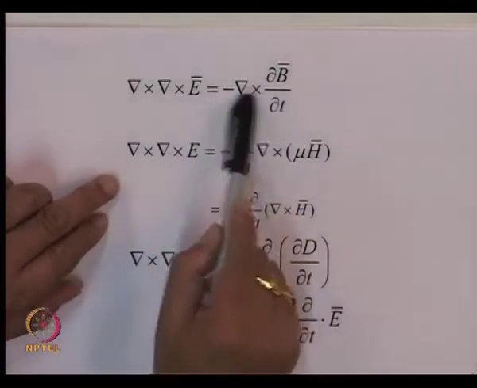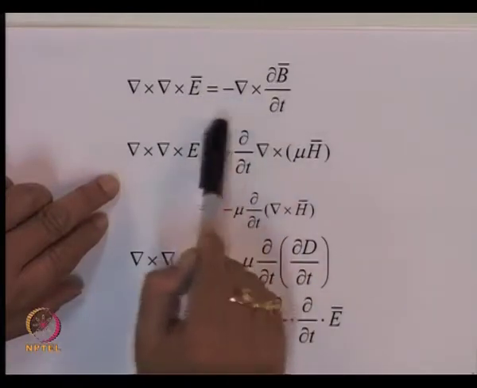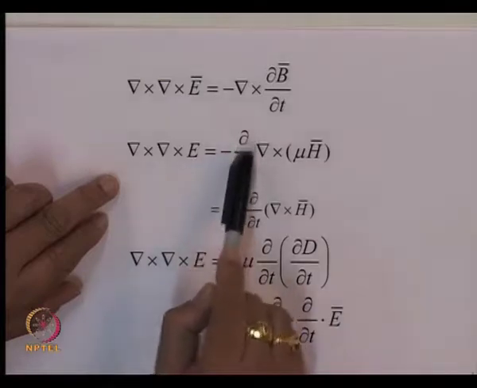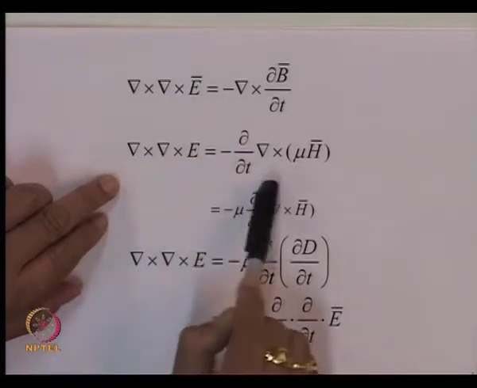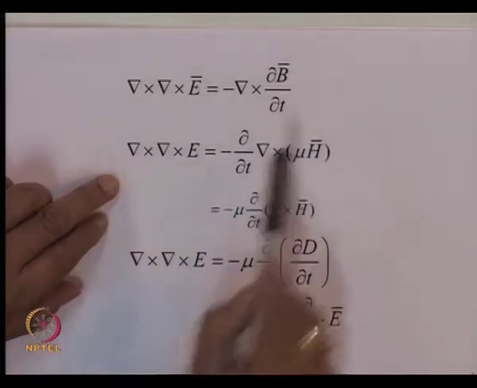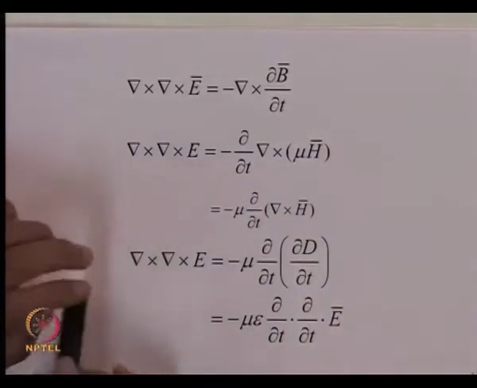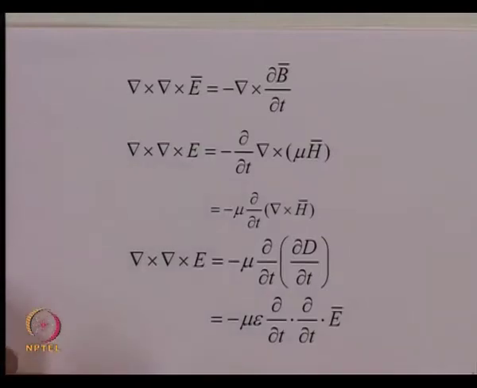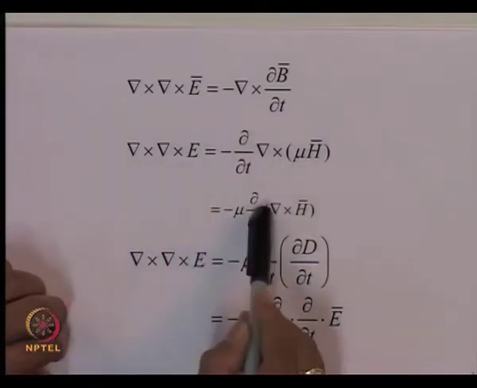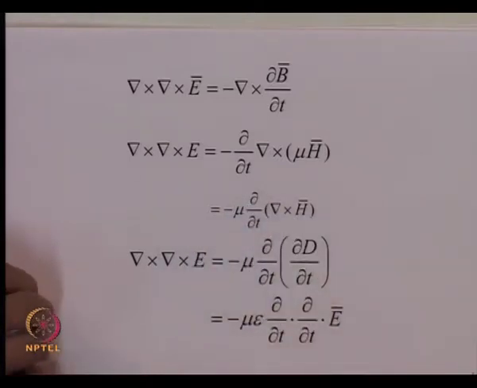If we interchange the two operators d by dt and the del operator, then we can write minus d by dt del cross mu H, and since permeability is not a function of space, we are assuming a homogeneous medium, we can take mu outside. So, we get here minus mu d by dt del cross H.